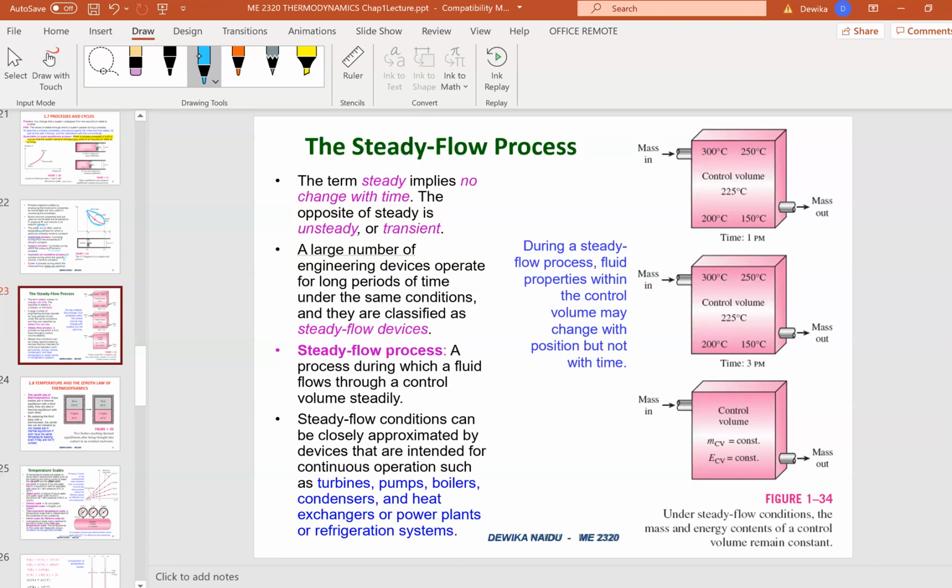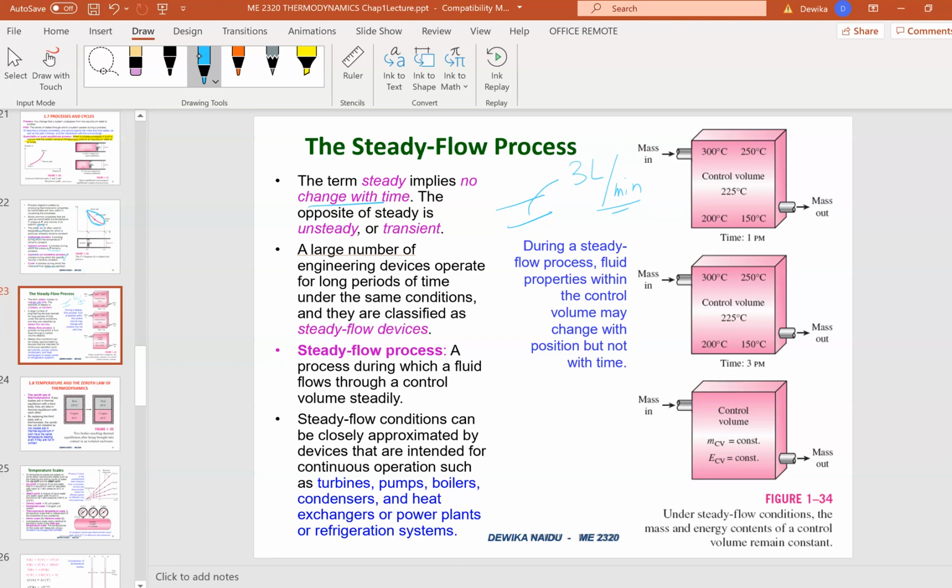So what is a steady flow process? Steady flow means no change with time. So if you turn on a tap, your nozzle in your garden, you want to wash your car, and let's say the water is flowing 3 liters per minute, it is 3 liters per minute. That's called a steady flow.